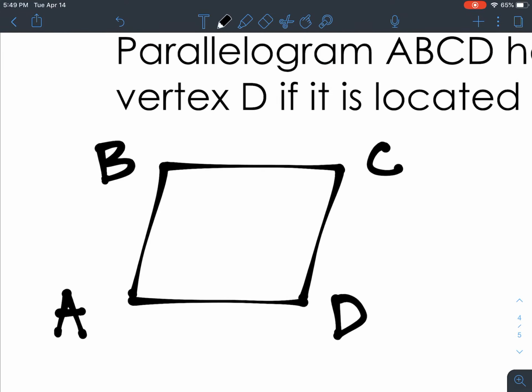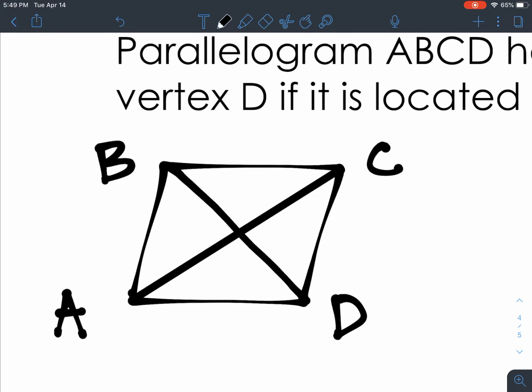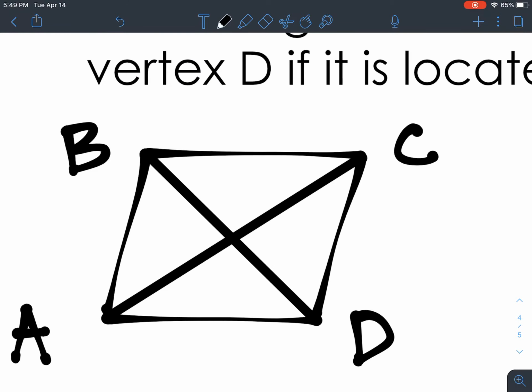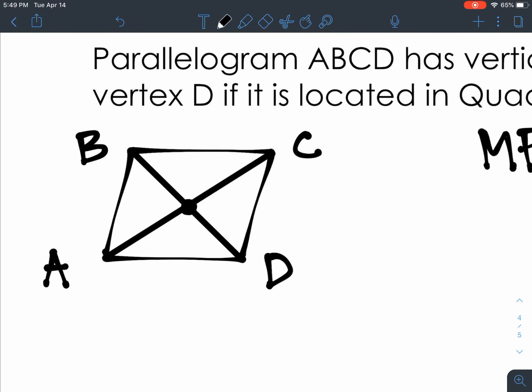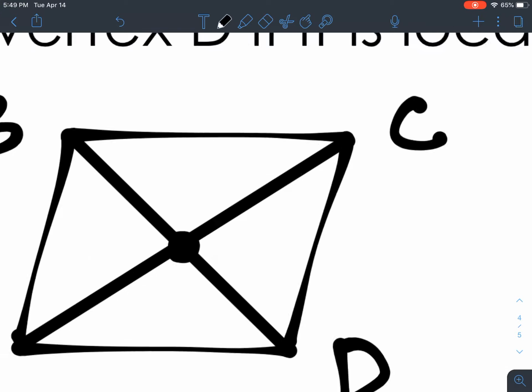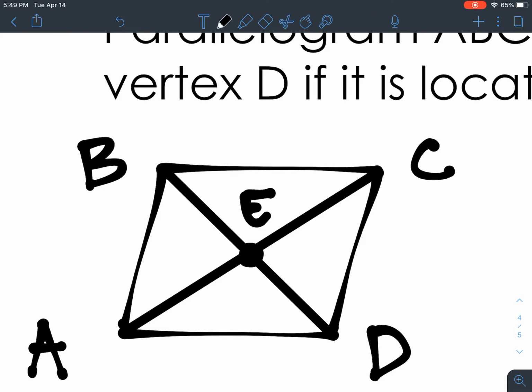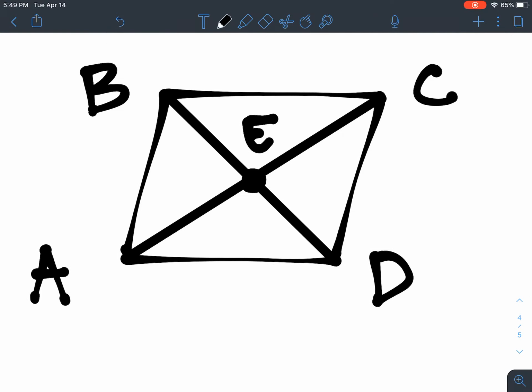So once again, I'm going to draw in my diagonals, and I know that this point is a point that both BD and AC have in common. Because this point, let's call it E, is the midpoint of AC and it's the midpoint of BD.